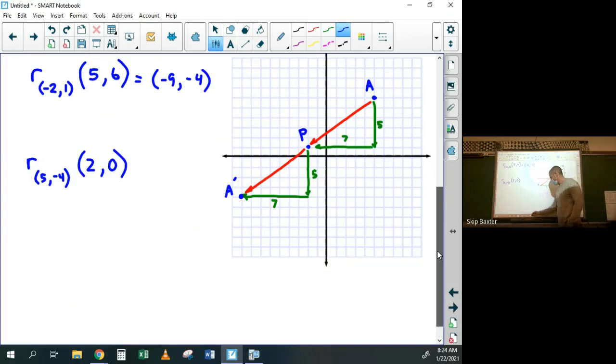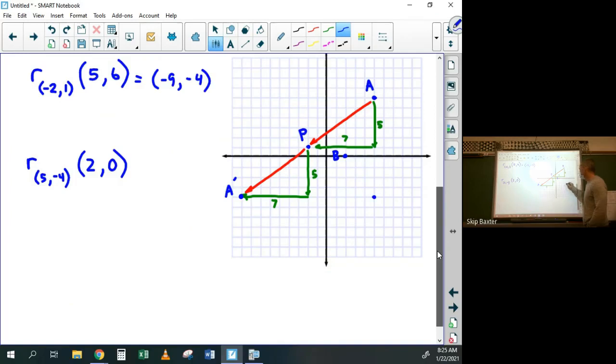So if I have the point 2, 0 that I'm starting with, let's call that B, and I'm reflecting across the point 5, -4. -4 is here.